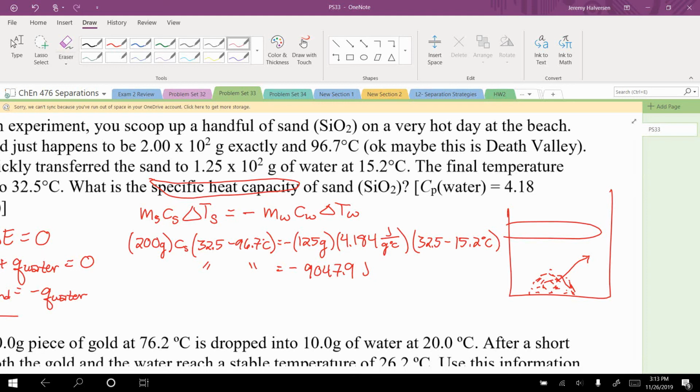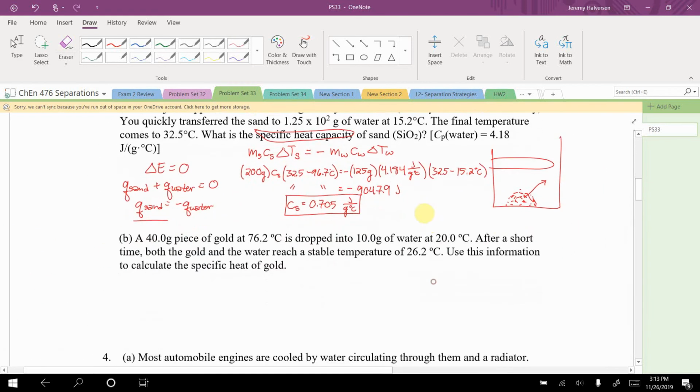Let's see if I got the right answer. Yes. Okay, I got that the specific heat of the sand is going to equal 0.705 joules per gram degree Celsius. That is what the problem is asking me to solve for. All right, let's keep going.